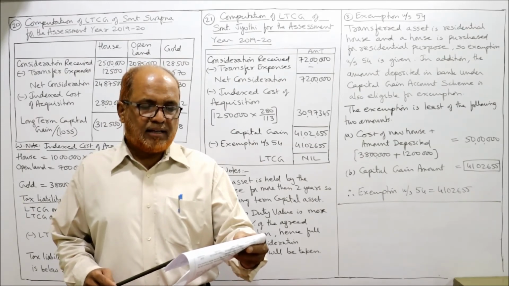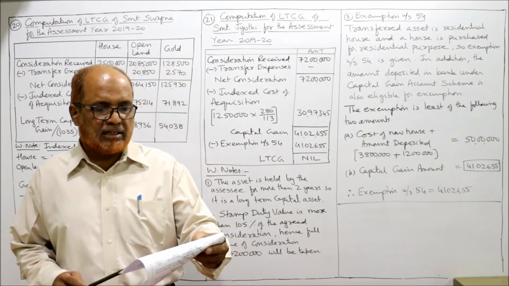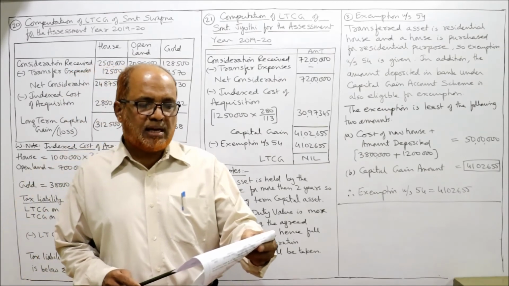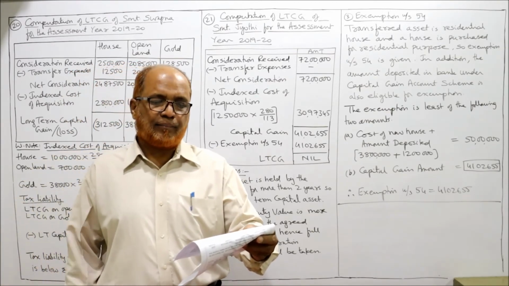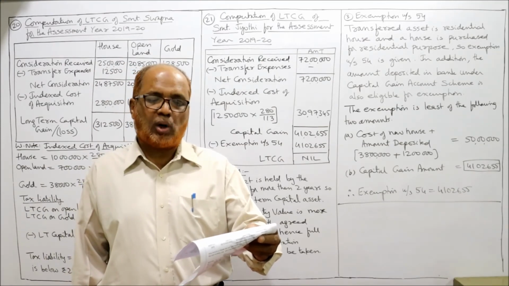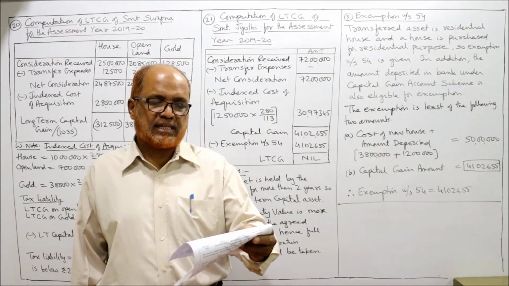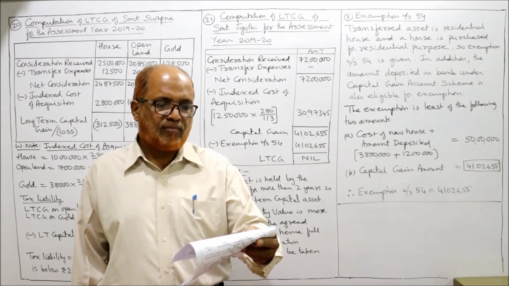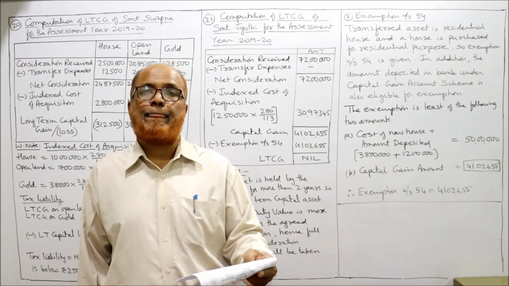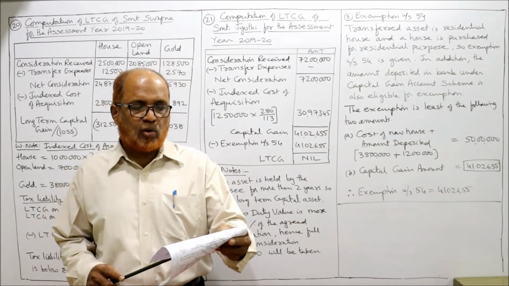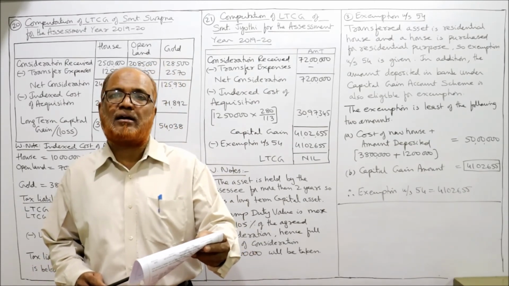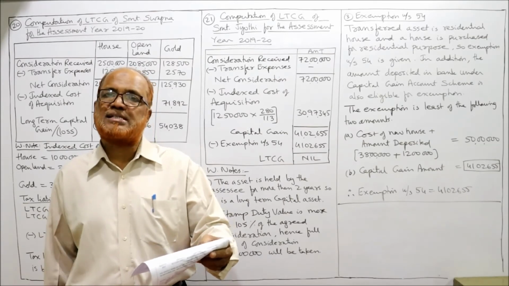On 2nd March 2019, Srimati Jyoti sold the same house to Mr. Varman for 60 lakh. During the current year, she sold the house property for rupees 60 lakh and the state government valuation is 72 lakh. Now a new point: for stamp duty valuation, the government valuation is 72 lakh, whereas she sold for rupees 60 lakh.